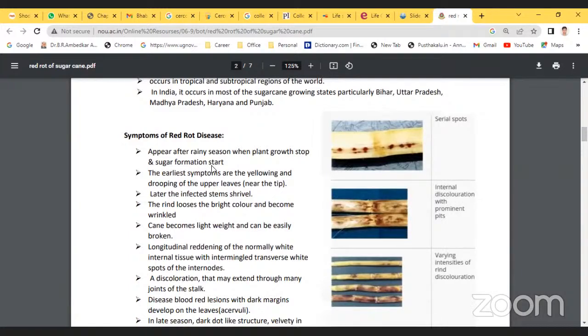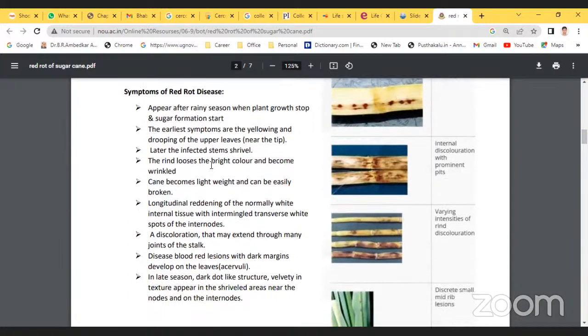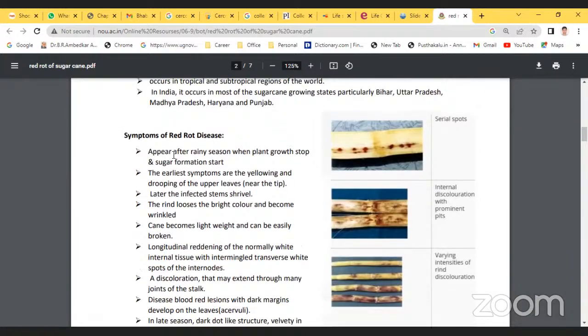Next, the main important symptoms. After the rainy season, plant growth stops and sugar formation starts. Every plant at the starting time has vegetative parts, like branches and twigs.